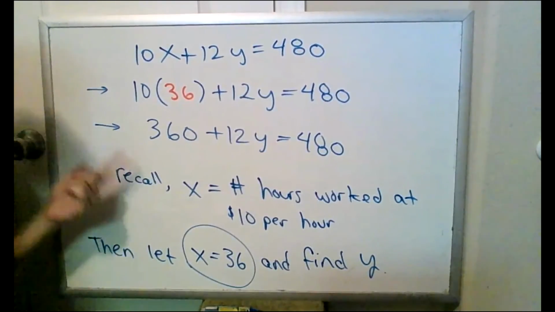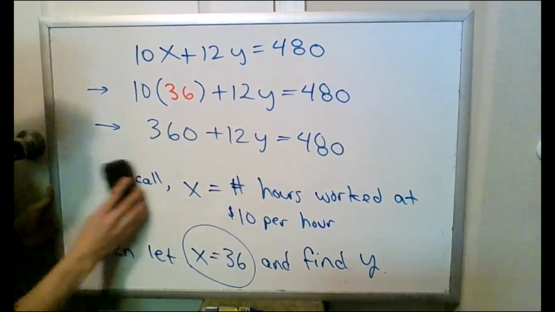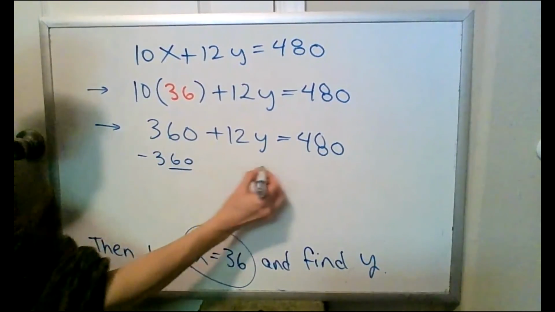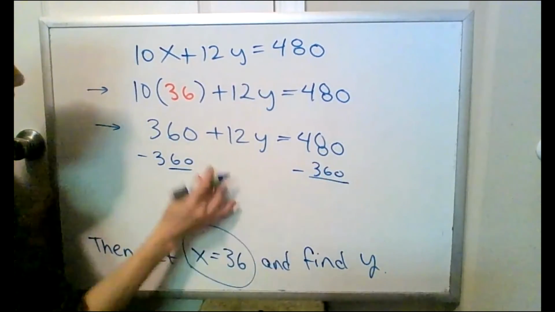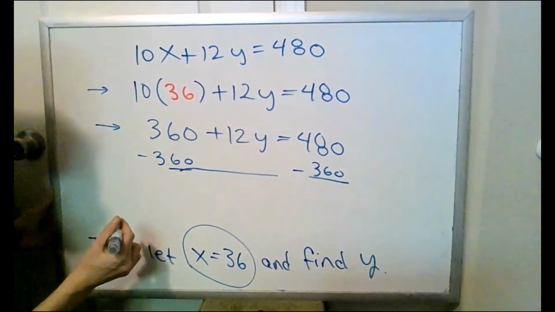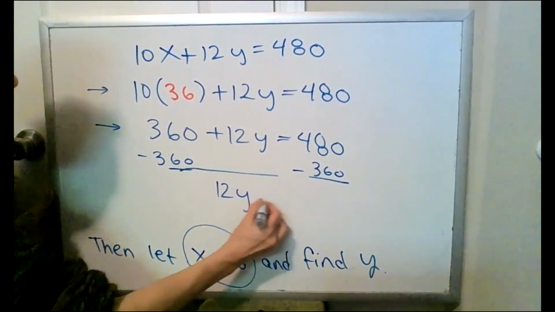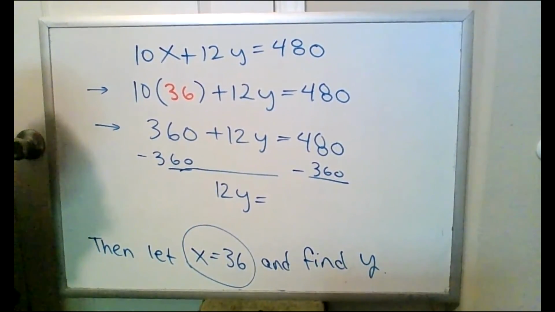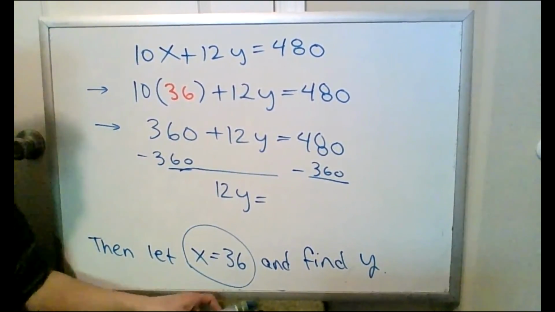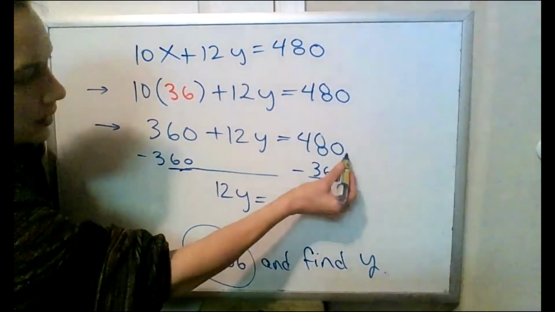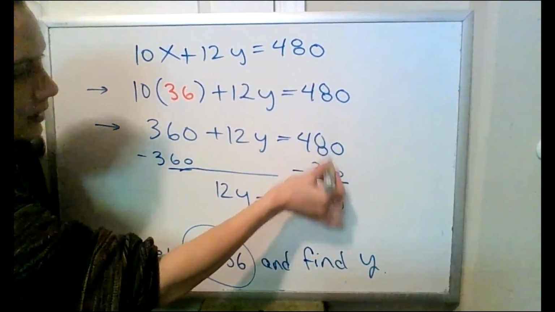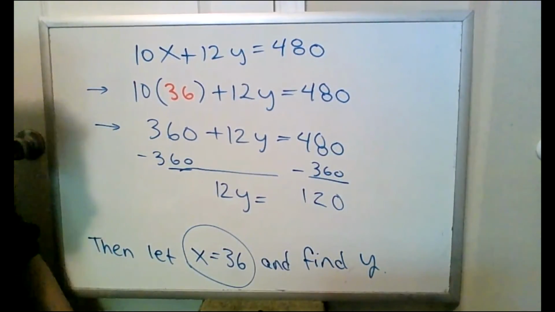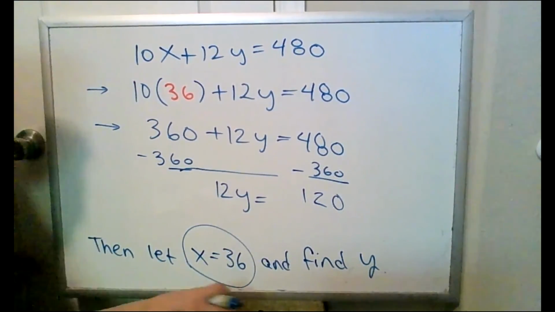We're going to subtract 360 from both sides. 12y equal to, let's just work this out. So here's a 0, 6, 7, 8, and difference of 1. And divide both sides by 12.